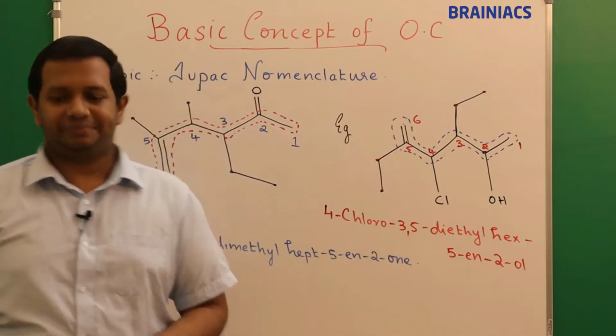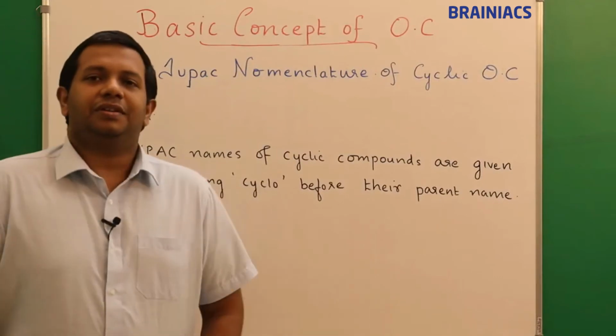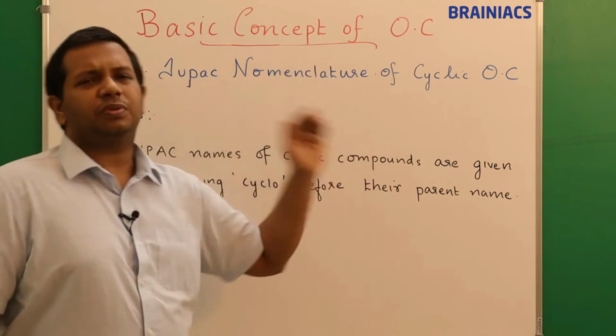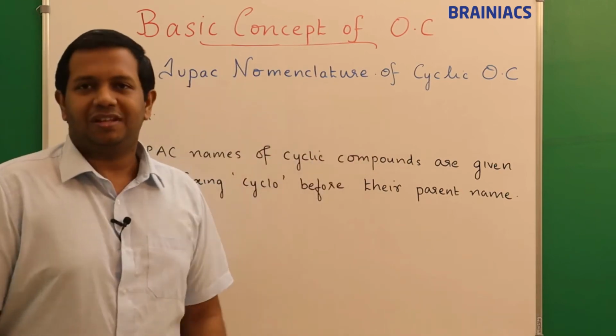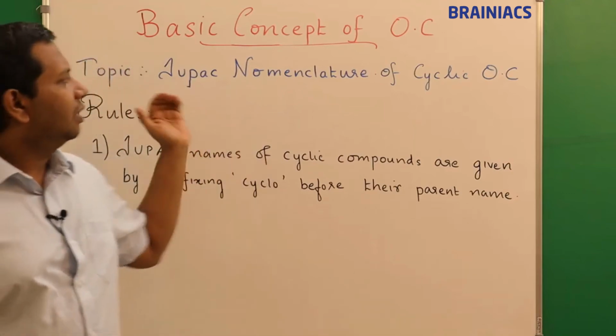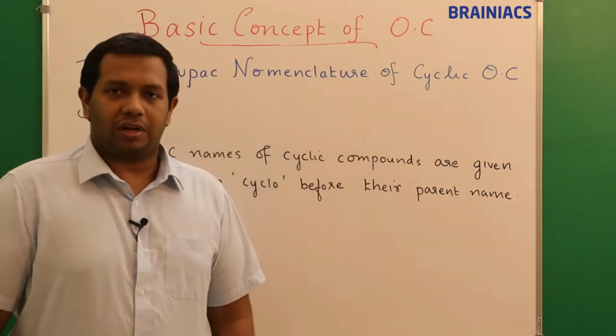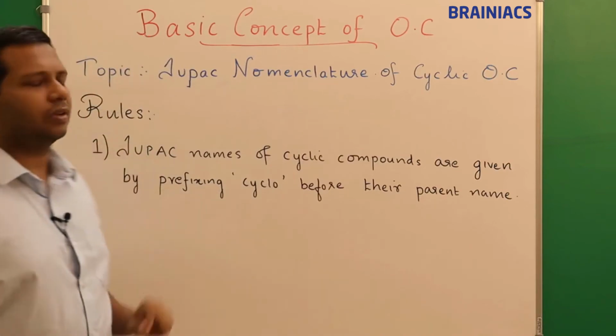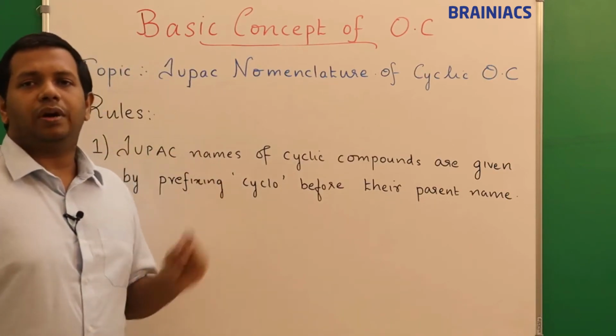Okay, thank you. Hi dear students. So next we are going to learn the IUPAC nomenclature of cyclic organic compounds. Until now we were discussing linear organic compounds. Now we are going to discuss the nomenclature of cyclic organic compounds. Okay, so we are going to rule 1.